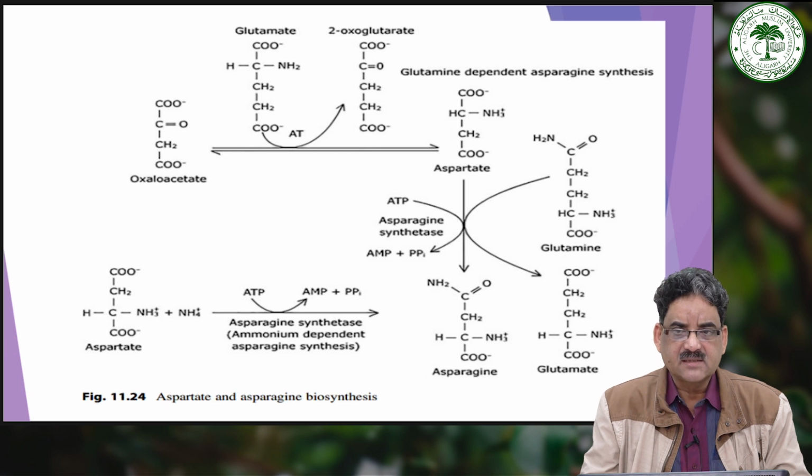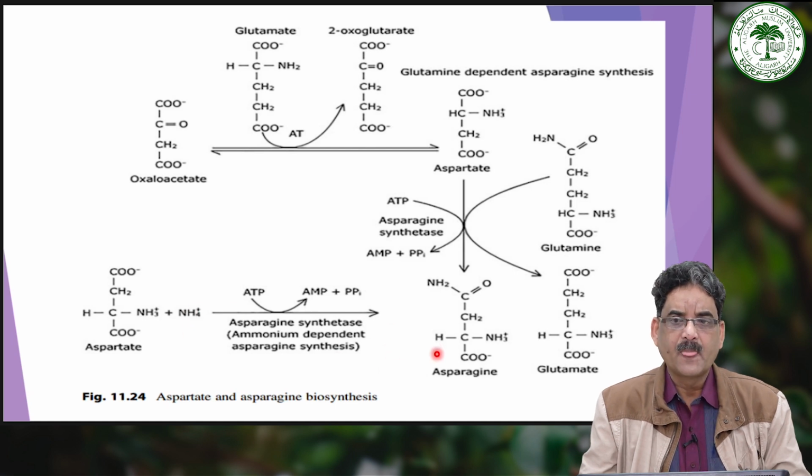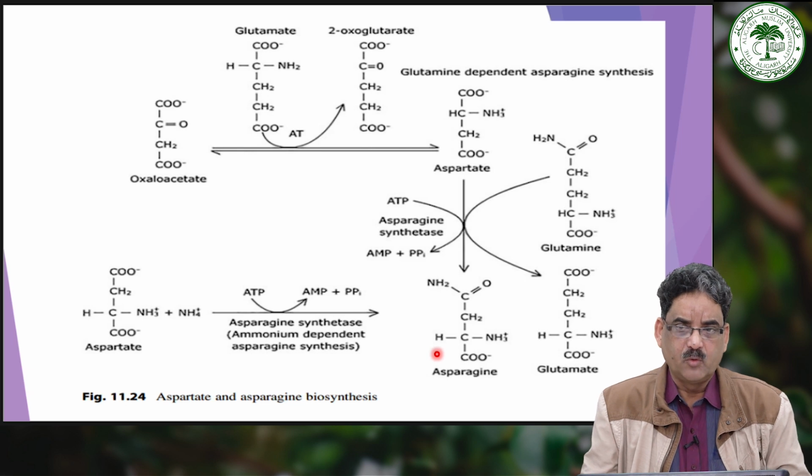Asparagine is synthesized from aspartate in a two-step process. First, aspartate is converted to asparagine in a reaction catalyzed by asparagine synthetase, which involves the transfer of amide nitrogen from glutamine to aspartate.